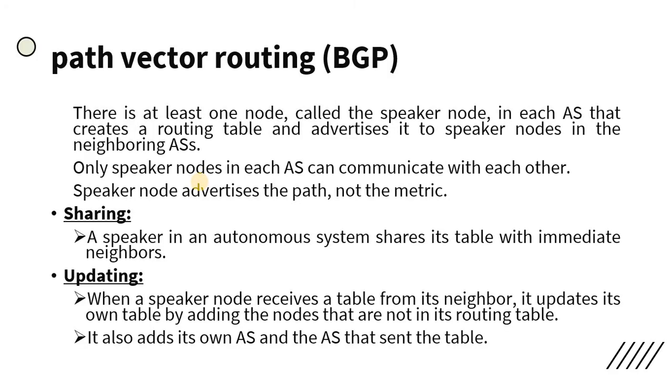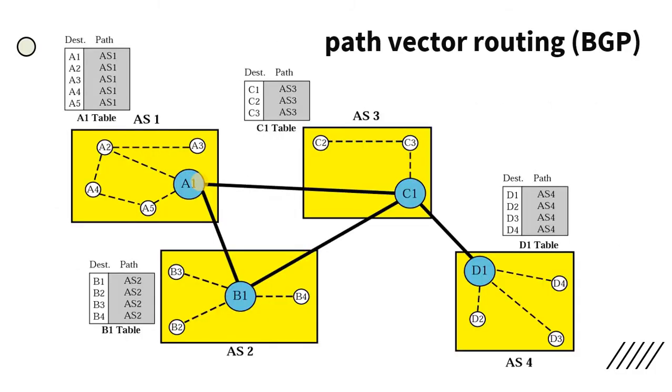There is at least one node, called the speaker node, in each autonomous system that creates a routing table and advertises to speaker nodes in the neighboring autonomous systems. Let's understand what a speaker node is. These are the four autonomous systems: AS1, AS2, AS3 and AS4.